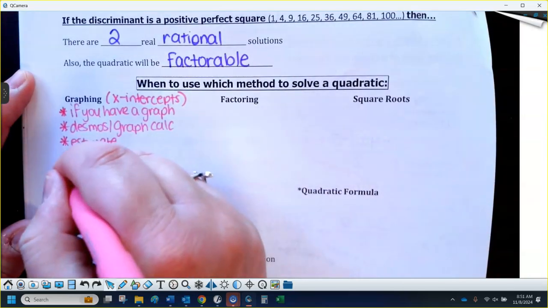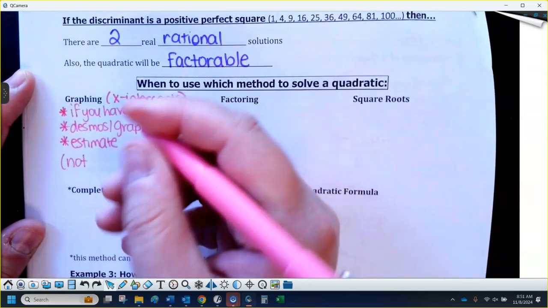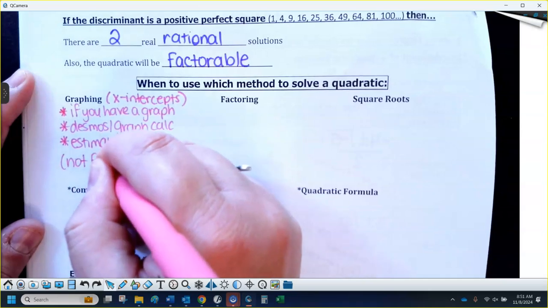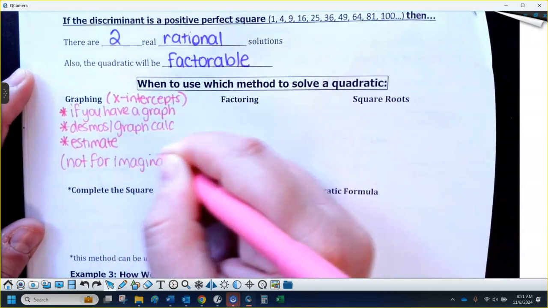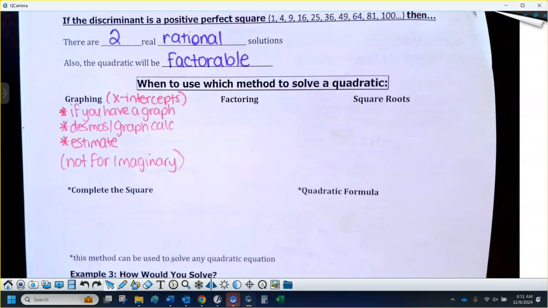You would not use graphing if you had imaginary solutions, because you would not be able to see the solutions from a graph. So if you know you have an imaginary solution, you don't want to use graphing as your method of choice.